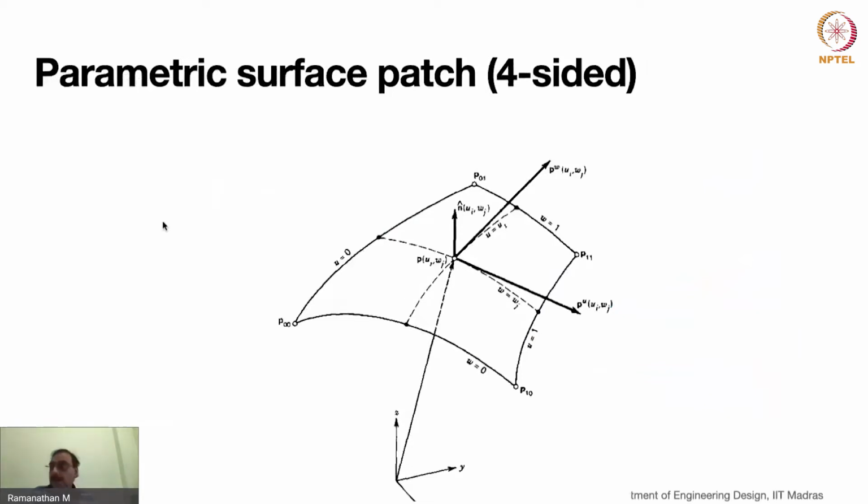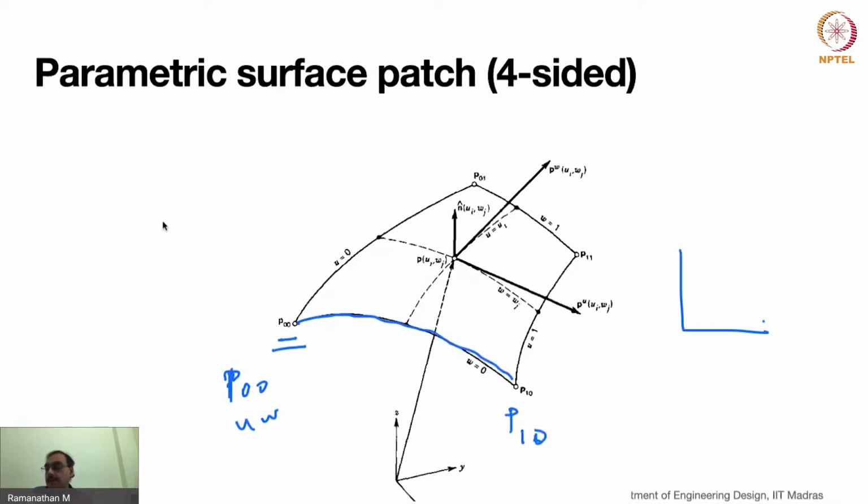So we can see here the notation. Basically, this is P00. If you are not able to clearly see, that means the u value is 0 and the w value is 0. If you travel along this curve, the u value becomes 1, and w is still 0.